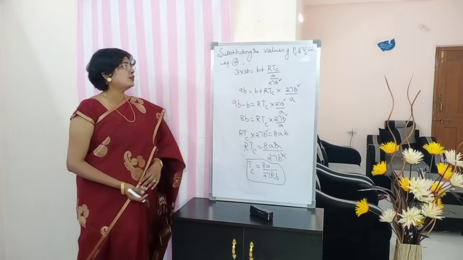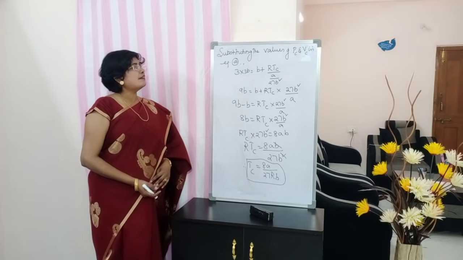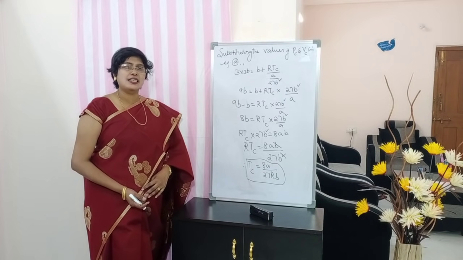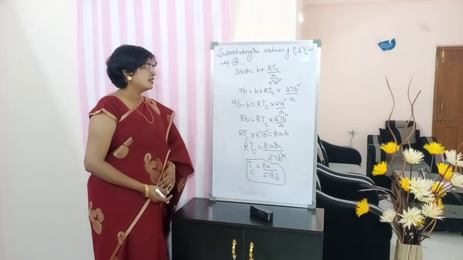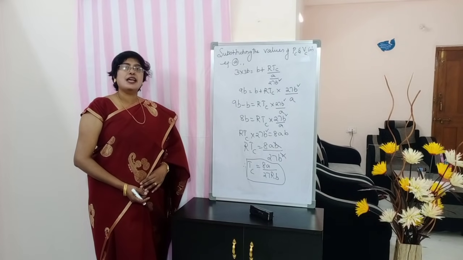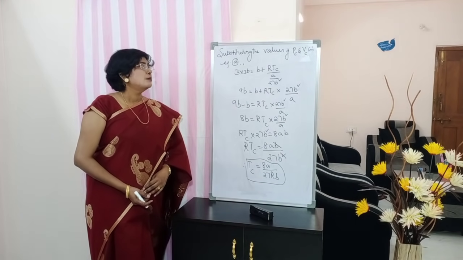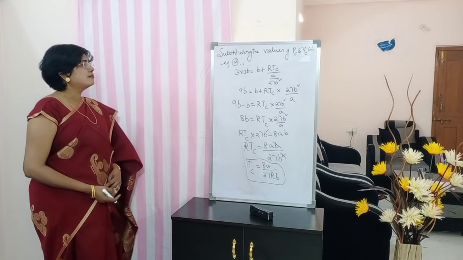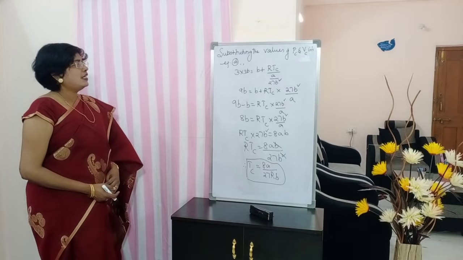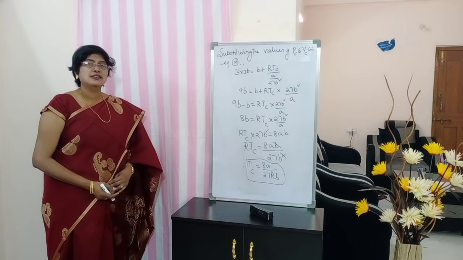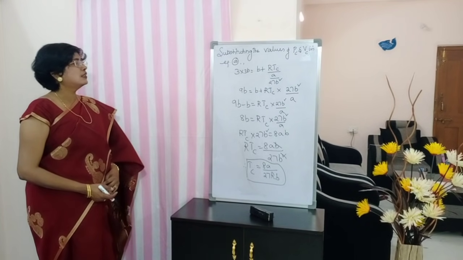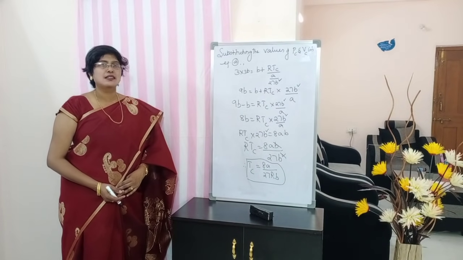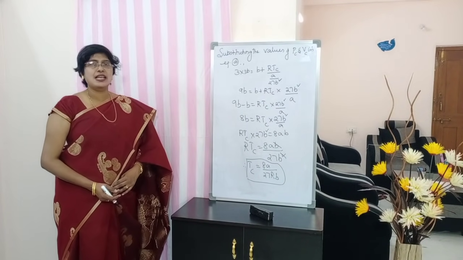Write down below: substituting the values of Pc and Vc in equation A, we get 3 into 3B is equal to B plus RTc into A by 27B square.